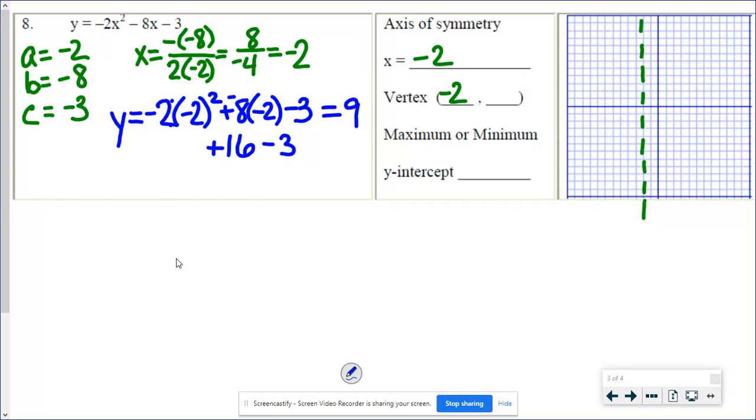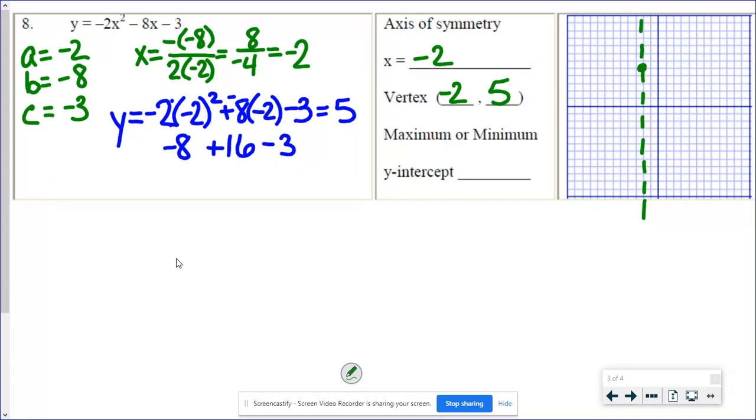So now negative 2 squared would be 4 times negative 2 is going to be negative 8. Now when I do this, I'll have negative 8 plus 16 is going to be 8, minus 3 is 5. That works. Negative 2, 1, 2, 3, 4, 5 is right there for my vertex.